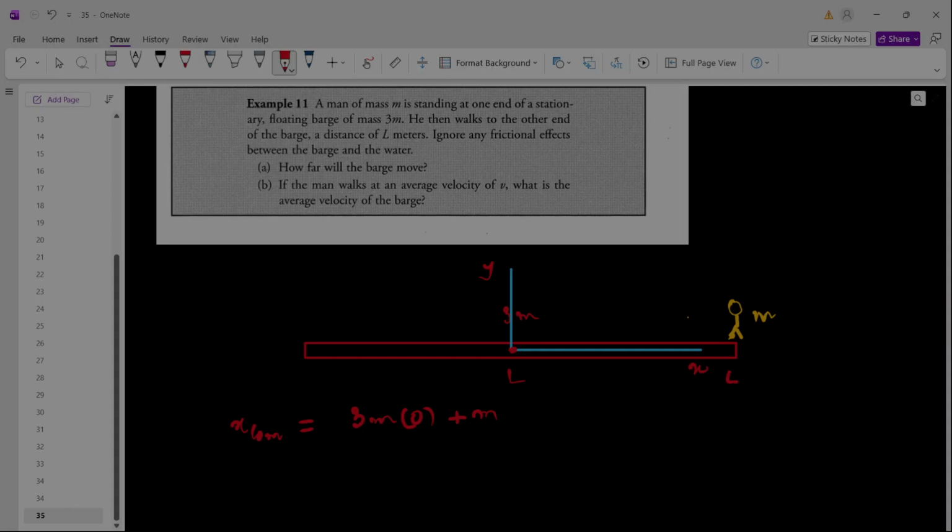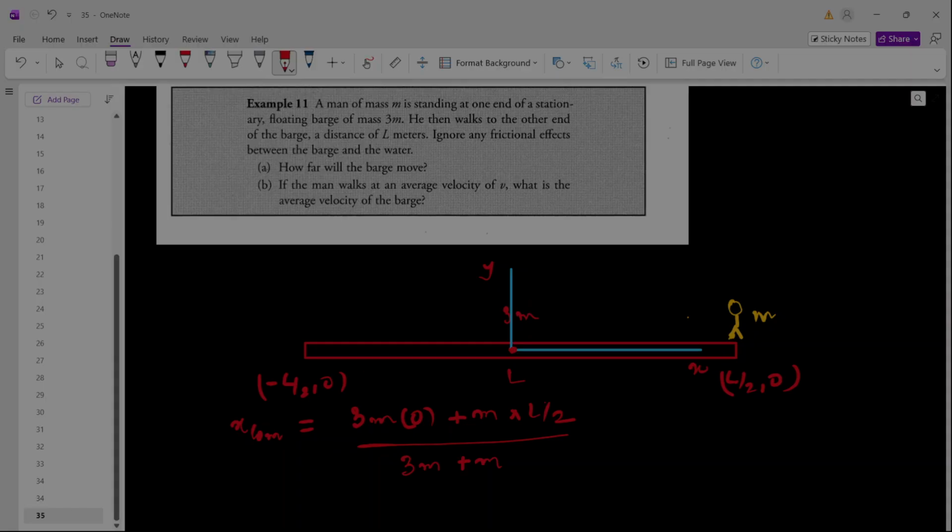So in this case it will be L by 2, 0. This end will be minus L by 2, 0. So I'll multiply this by L by 2 divided by 3m plus m.